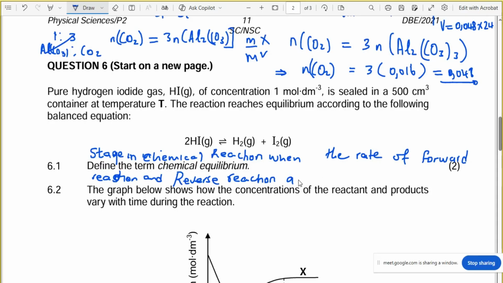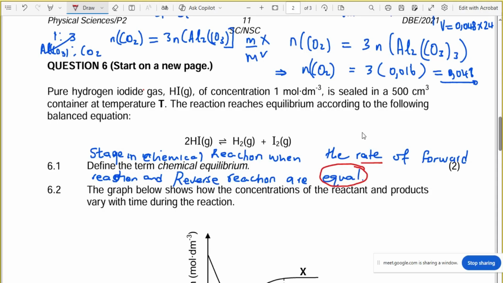So, the stage in a chemical reaction. Look at this. We are saying that the rate of the forward reaction and the reverse reaction are equal.